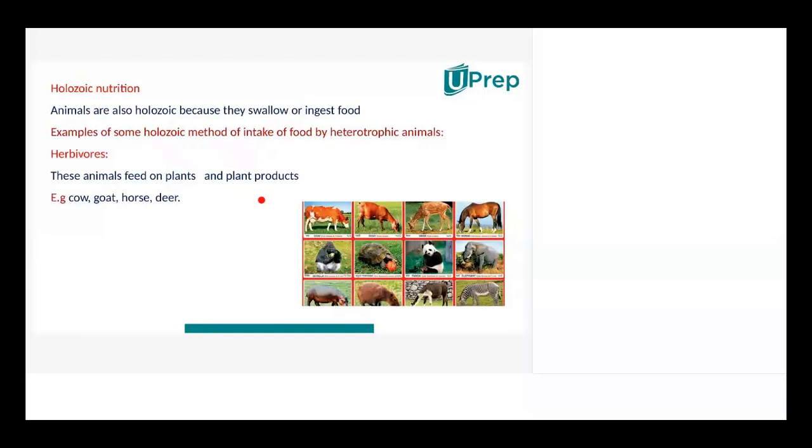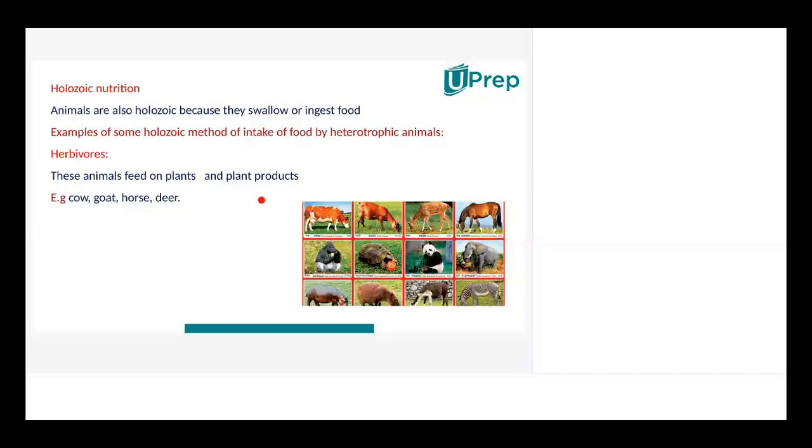Okay. Now coming to the next portion, Holozoic nutrition. What is Holozoic nutrition, Bhavya? Basically, by Holozoic nutrition, we mean that animals which have their food, as in either they swallow and then they ingest their food. Ingestion is the process by which they take in their food inside the digestive tract.